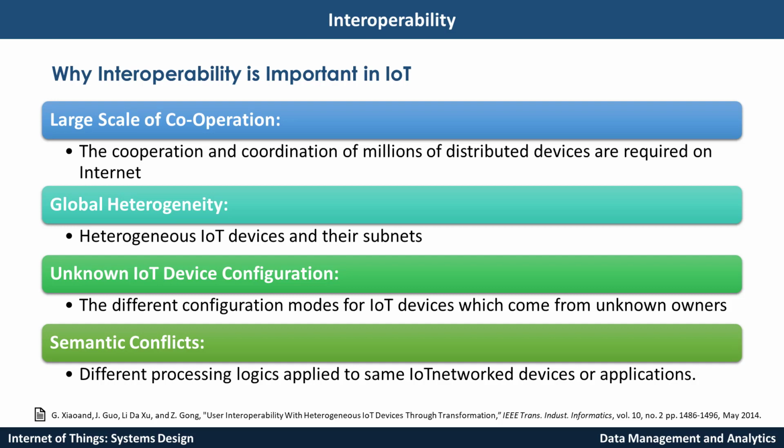The third one is the unknown IoT device configuration. At the moment, configuration is very much a burden for a non-technical user. Configuring usually means that I'm connecting my device to an ecosystem, because we are always intermediated with some kind of gateway where I do the configuration.